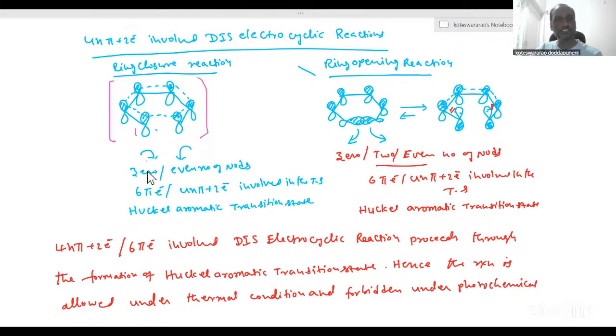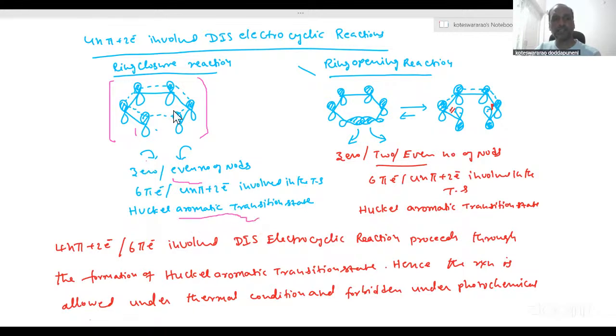In this transition state there are no nodes, zero nodes, or sometimes an even number of nodes. The pi system in the transition state involves 6 pi electrons, or 4n plus 2 electrons. The transition state becomes a Huckel aromatic transition state.